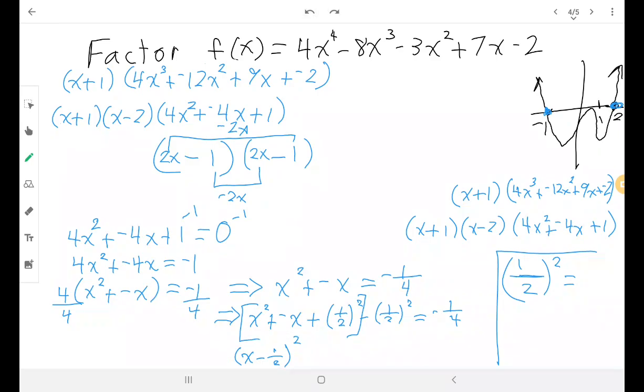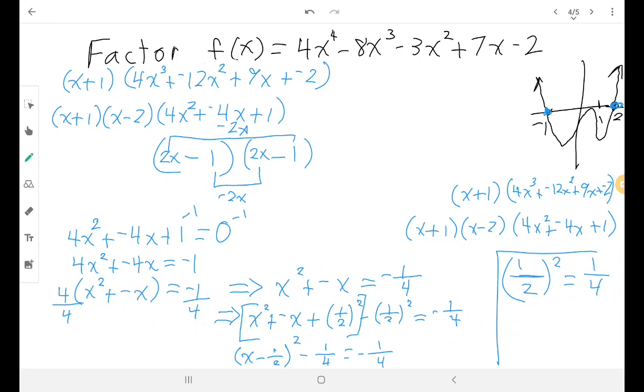So if you did that problem, if you set it up as x minus 1/2 times x minus 1/2, you would come up with that. Okay? Then minus 1/2 squared, and 1/2 squared is 1 squared over 2 squared. So it's minus 1/4 equals negative 1/4.